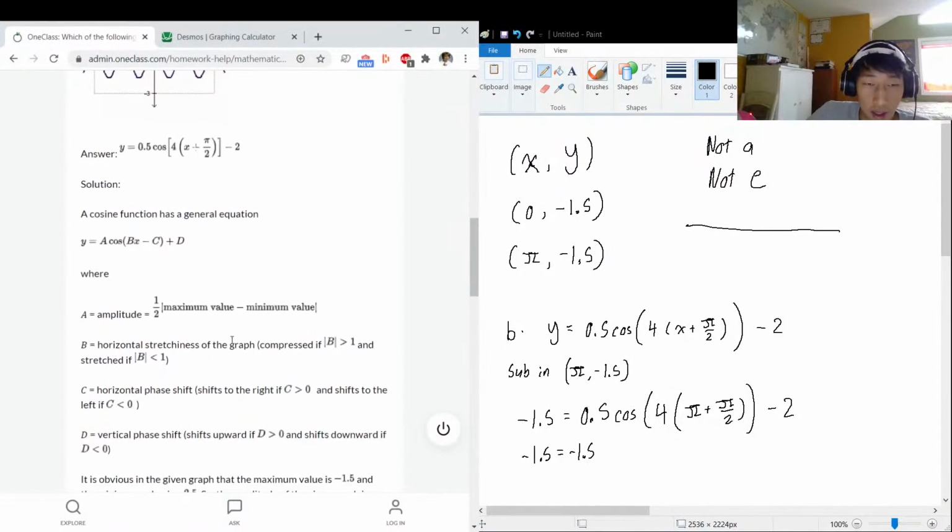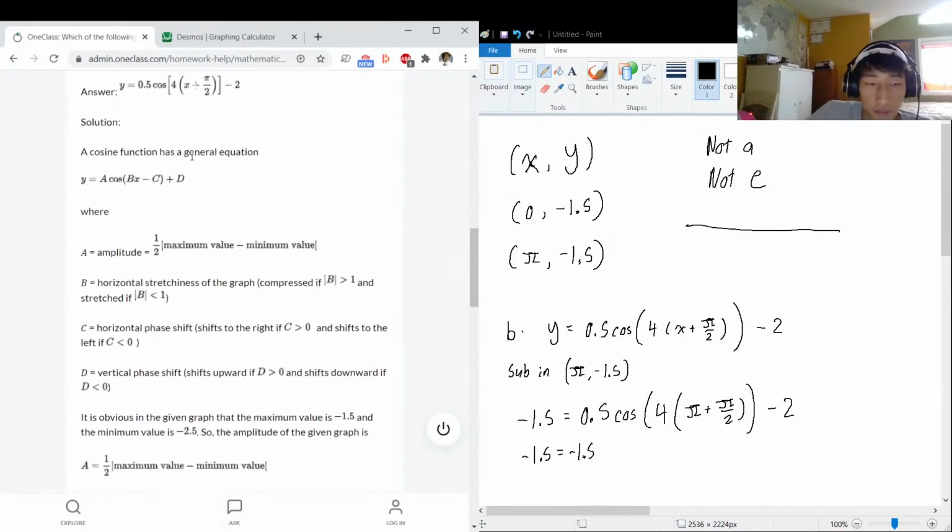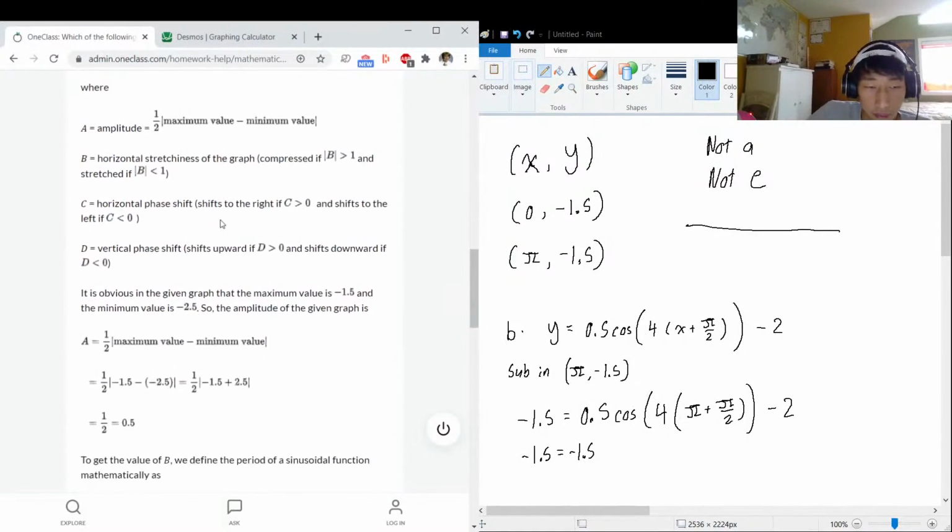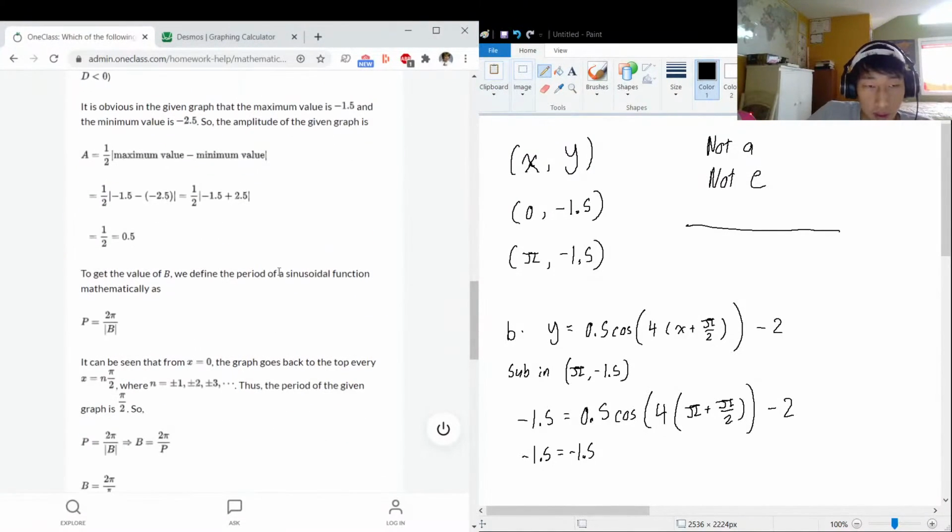And since we're multiplying by 4, it's going 4 times more frequent, meaning that it's compressed by a factor of 4. And we sub in the values.